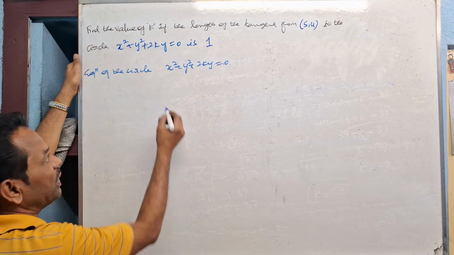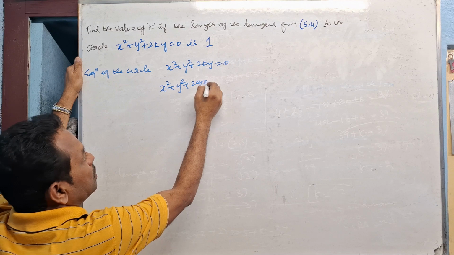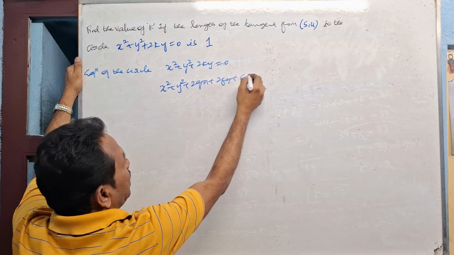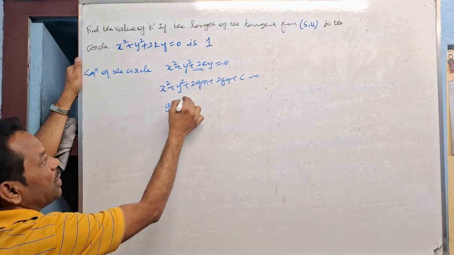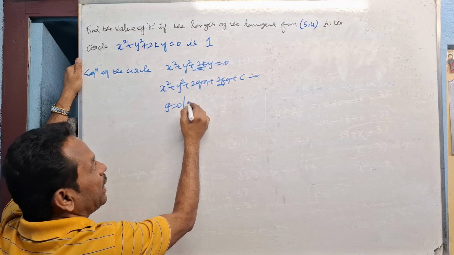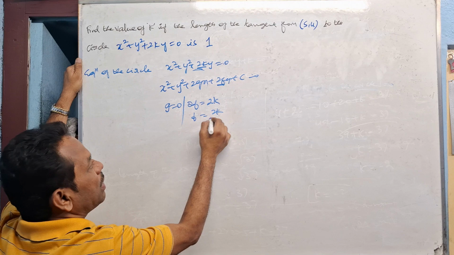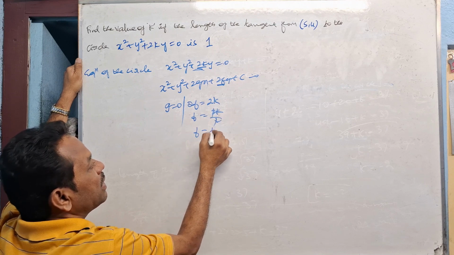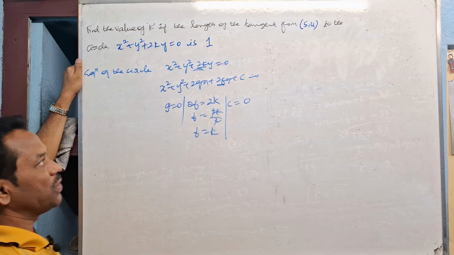Let us compare this with x square plus y square plus 2gx plus 2fy plus c equal to 0. As there is no x term, our g will be 0. Now 2f is compared with 2k, so 2f equal to 2k, f equal to 2k by 2, cancel, f will be k. And there is no constant, so c is also 0.